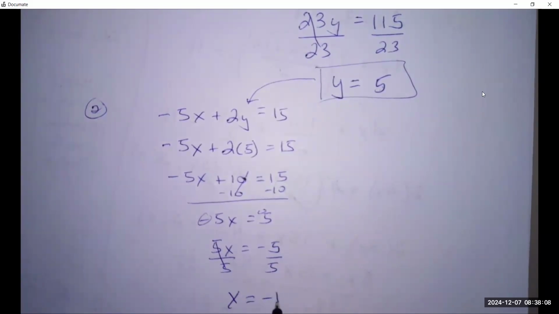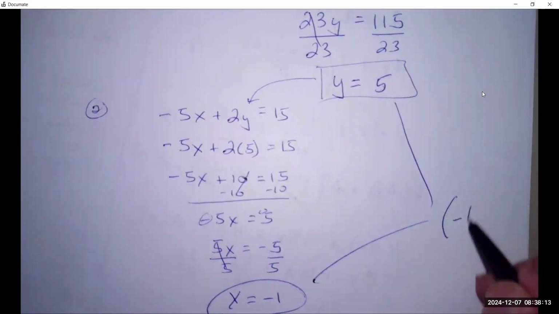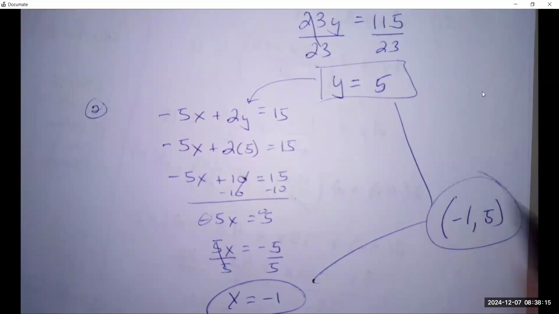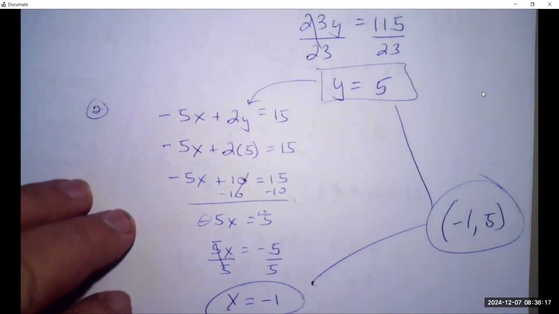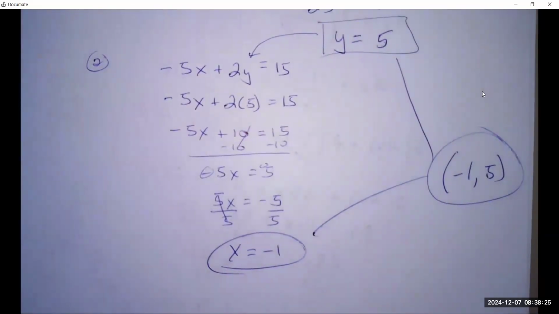So x is equal to negative 1. So my answer is (-1, 5), which is what we got here also. All right, so that's how you do it, and you can choose whatever method you want whenever you need to.